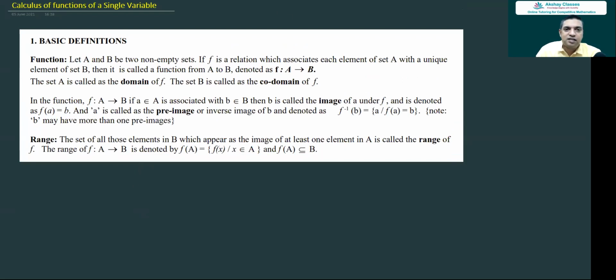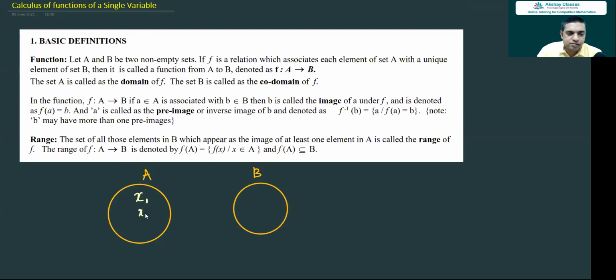So let us consider two sets, set A and set B. In very simple terms, you have some elements here, say x1, x2, x3, and set B has say y1, y2, y3. All right. Now, what is the definition of a function?